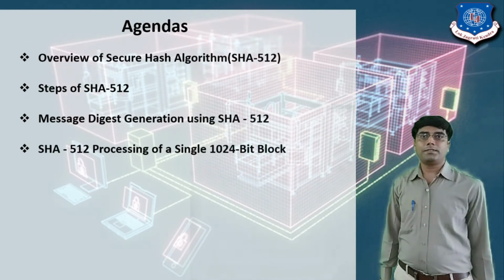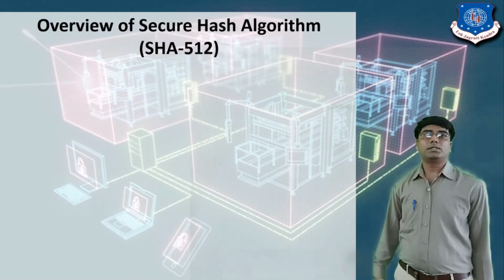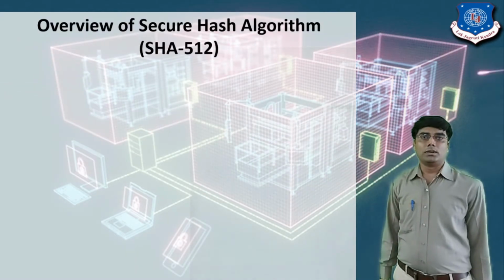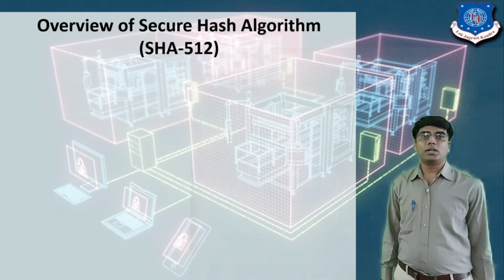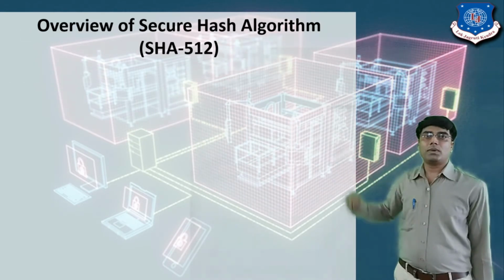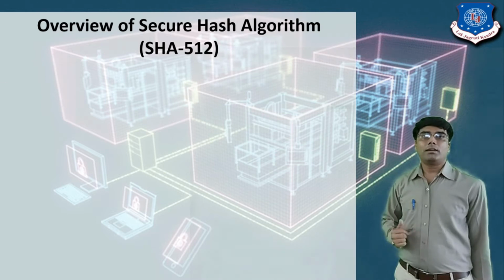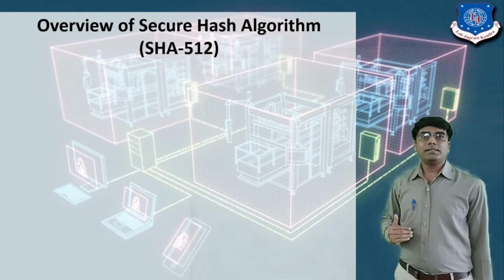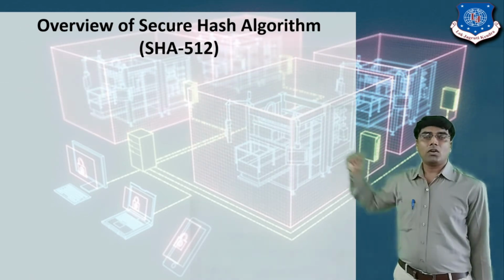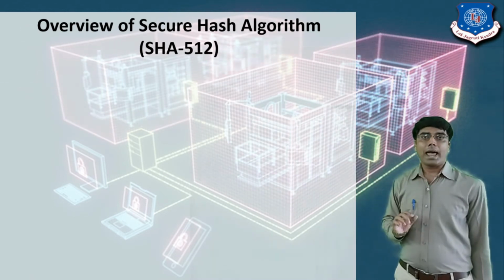So let's start with the first topic, the overview of the secure hash algorithm, also called SHA-512. The first question in your mind: why do we use the secure hash algorithm? As in the previous two sessions, we have already seen the hash function.